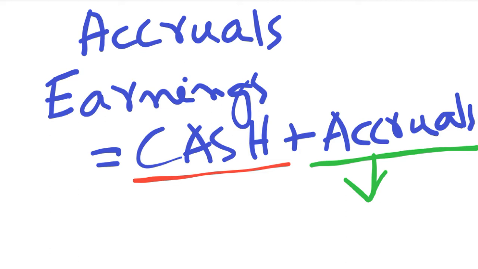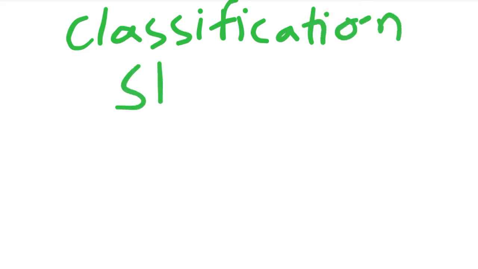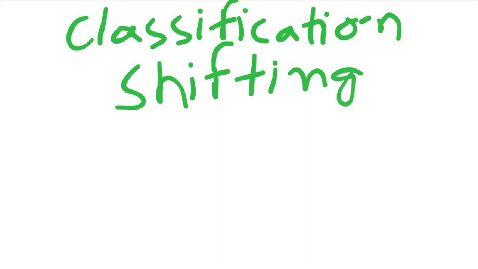Okay, so there is another form of manipulation. You can manipulate earnings by classification shifting. Okay, how do you do that? So for example, let's have an example.